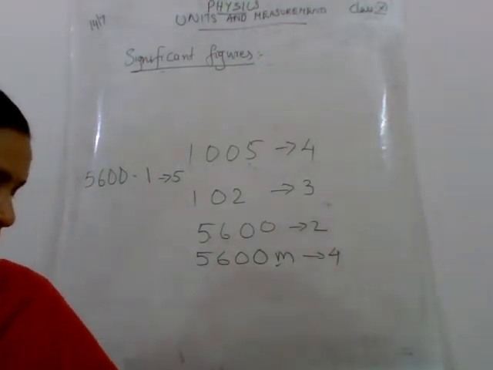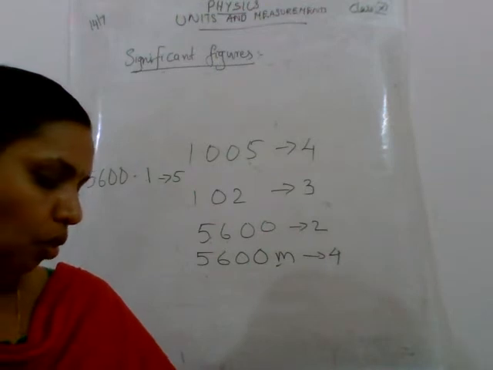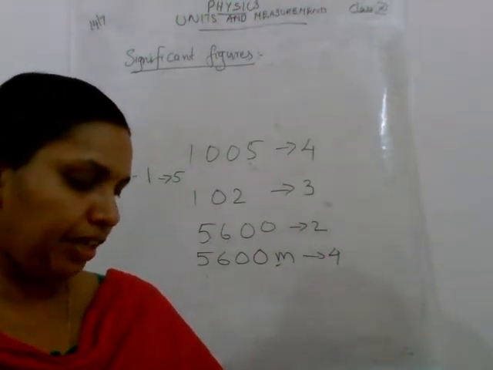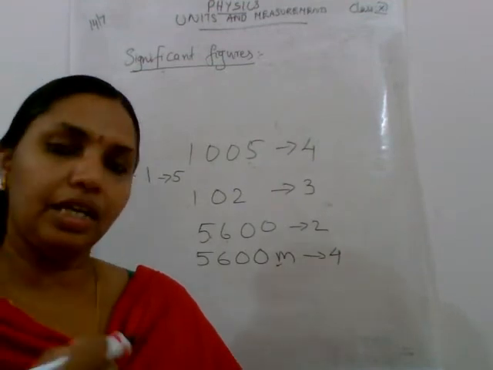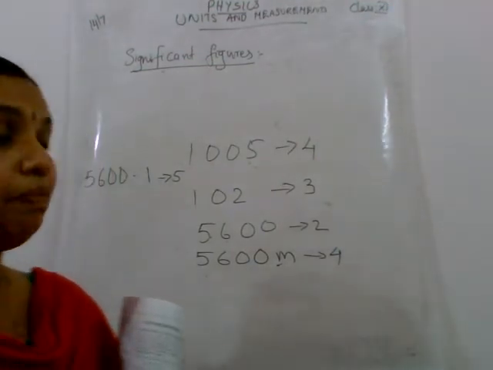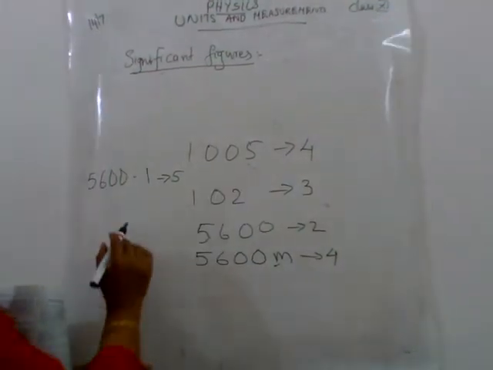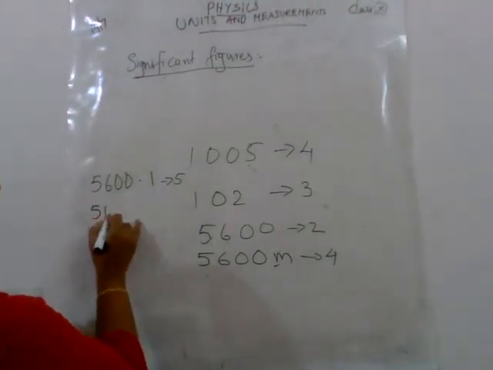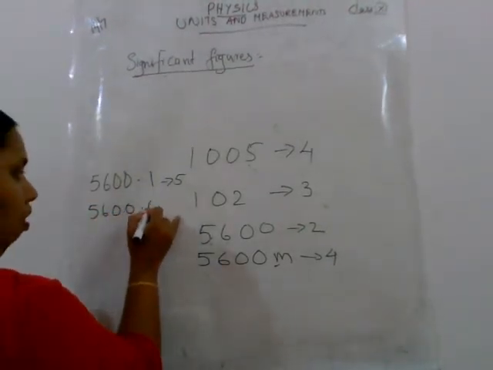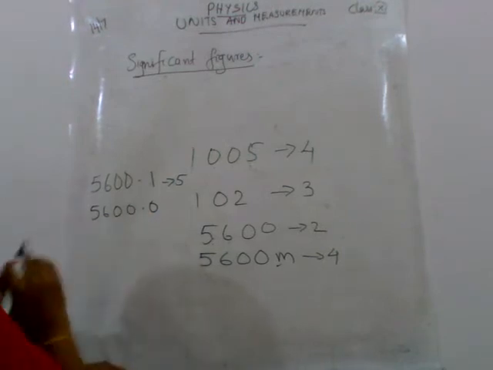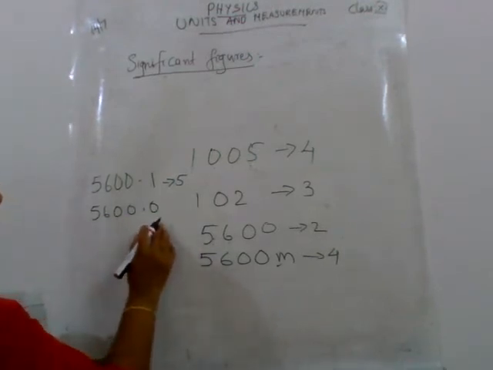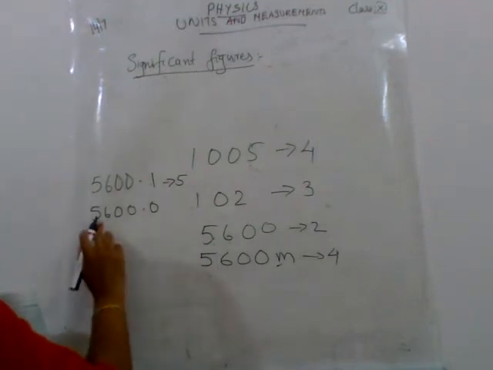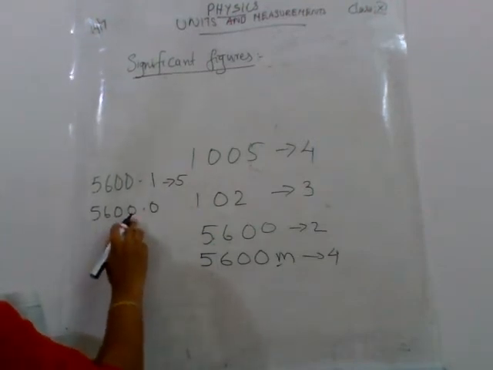Then the next one: all zeros to the right of a decimal point are significant. All zeros right of a decimal point, like 56.0. How many significant figures are here? 1, 2, 3, 4, 5.